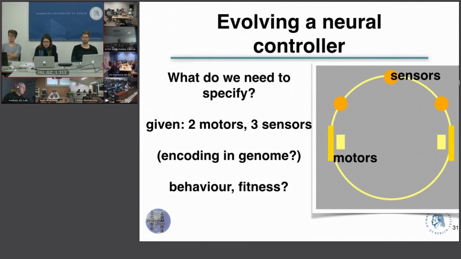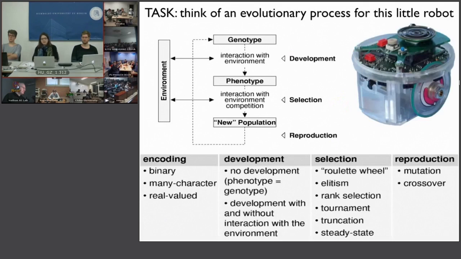And I'd like to give you that as a task now. So we take a 5-minute break, where each of the sides has this task of thinking of an evolutionary process for this little robot, given this evolutionary cycle we just discussed, and come up with a solution and present it after this short break.